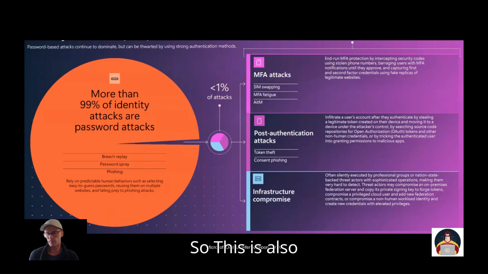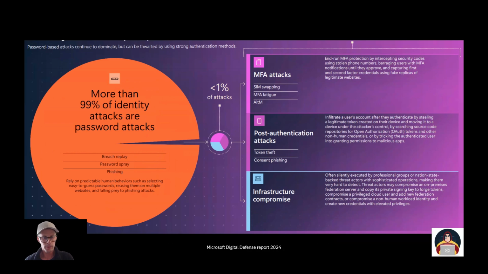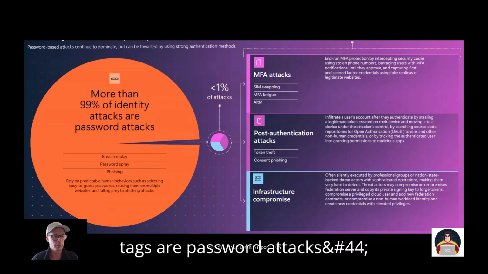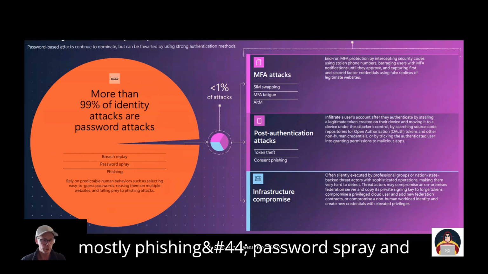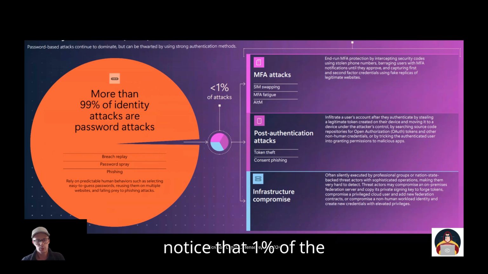This is also from the same report. We see here that 99% of the identity attacks are password attacks, mostly phishing, password spray, and breach replay attacks. And we notice that 1% of the attacks is something other.